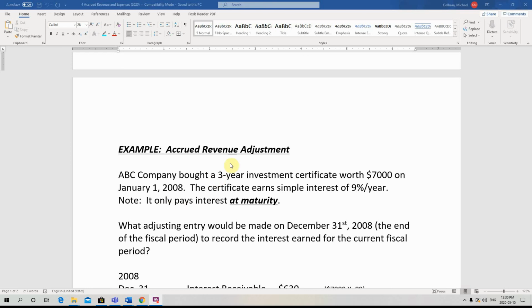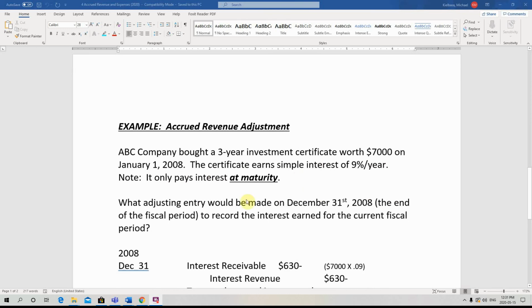So after 3 years, you're going to get 9% on $7,000. Okay, so on January 1st, 2011, you're going to get your principal plus your interest, right? So what adjusting entry would be made on December 31st, 2008?